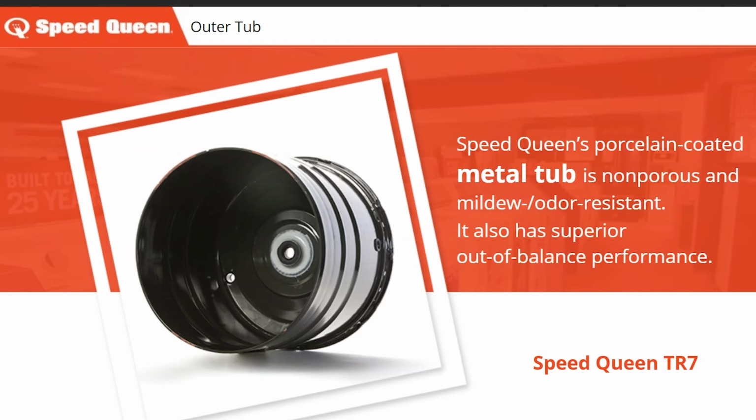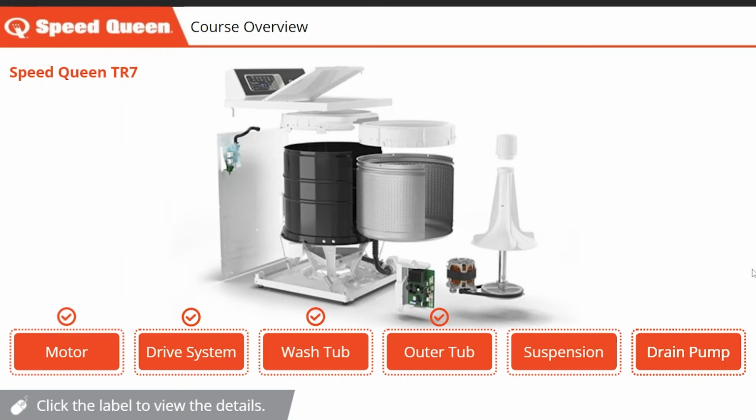Speed Queen's porcelain-coated metal tub is non-porous and mildew and odor resistant. The tub also has a superior out-of-balance performance, making Speed Queen's outer tub more durable than Maytag. Speed Queen's outer tub is more durable than Maytag's plastic tub.